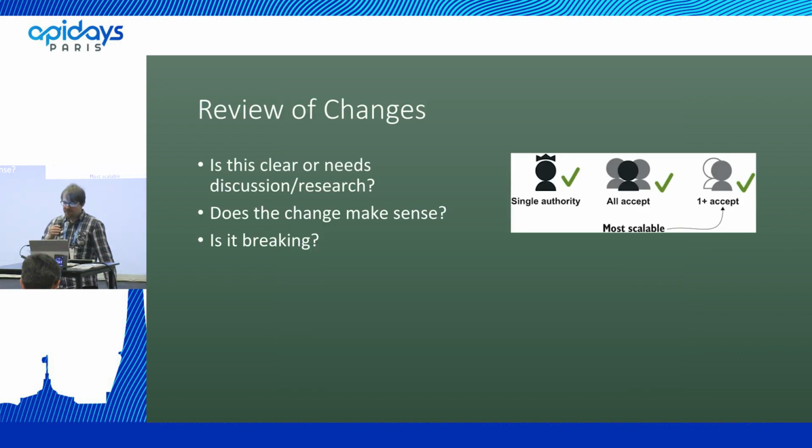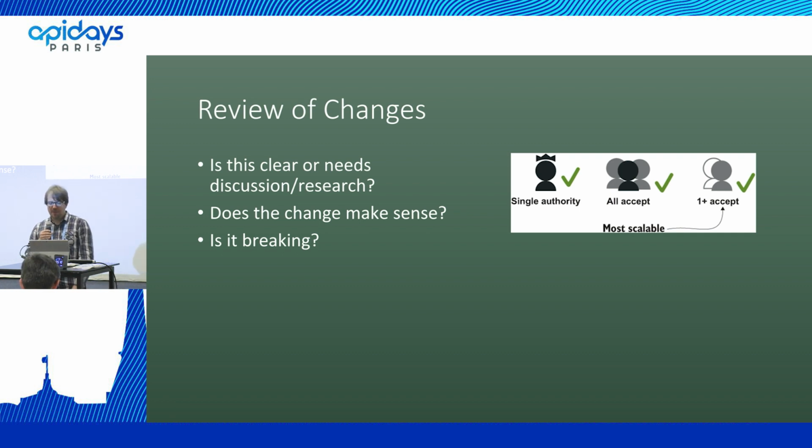And the other thing is that you should also think about who should be doing the reviews. You could have a single authority, one person who's responsible for your API design, or you could have something where everybody needs to accept it, like we have full consensus. But I don't think these solutions are really scalable.